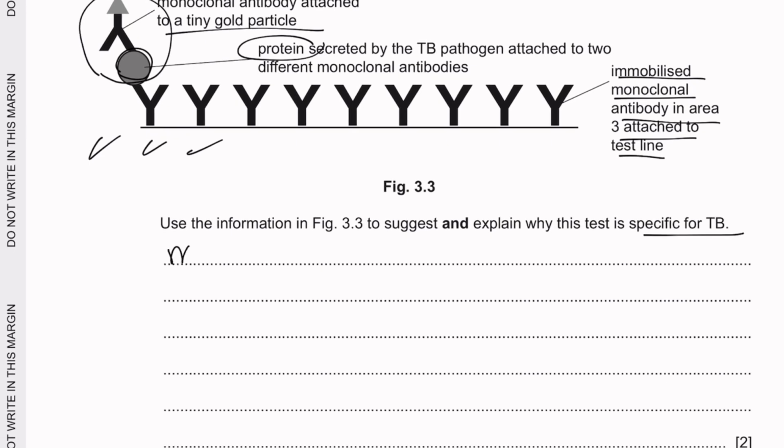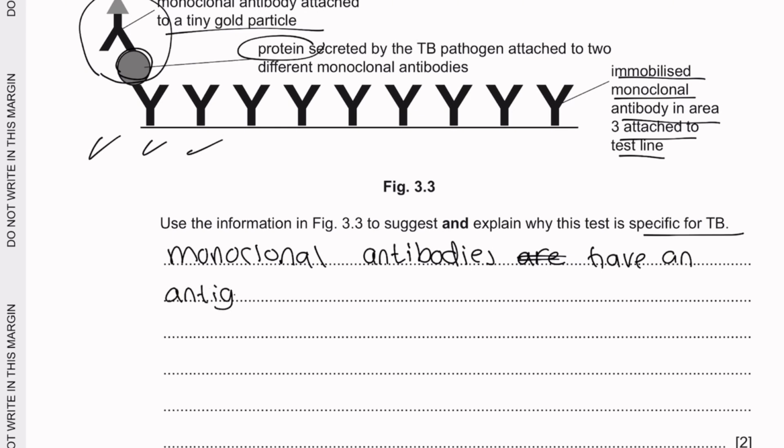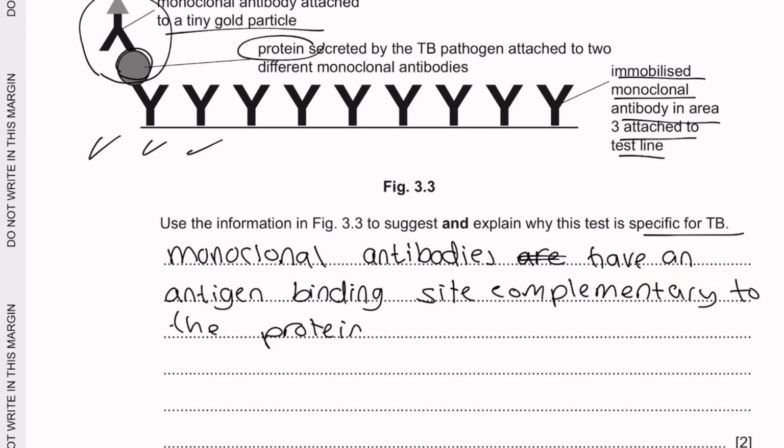Firstly, the monoclonal antibodies have an antigen binding site complementary to the protein released by TB, and the binding site is very specific.